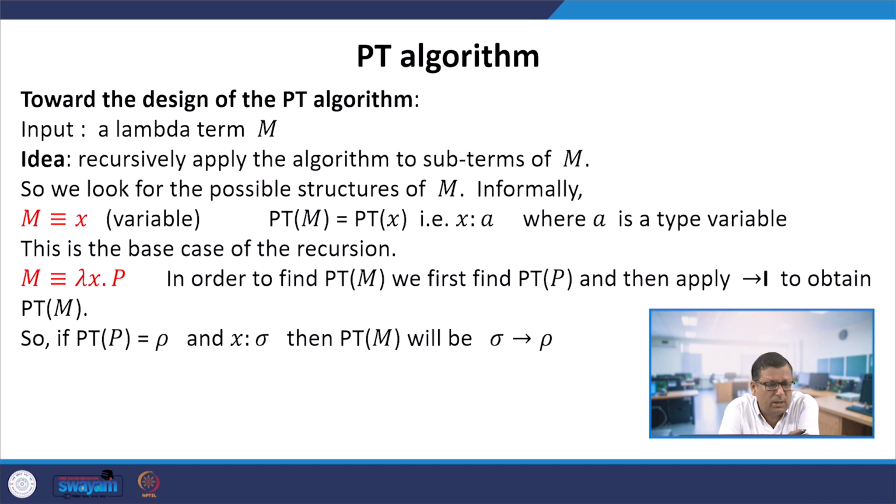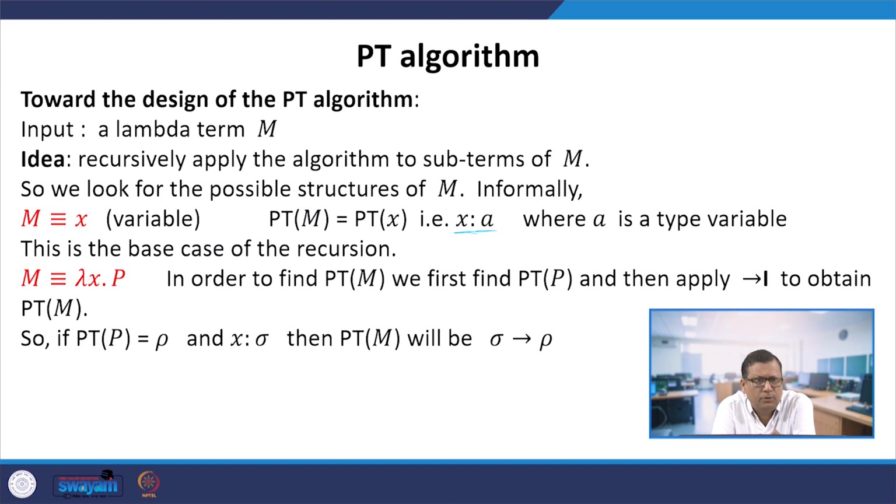We see which structure matches. First, if M is of the form variable x, then the principal type of M is the principal type of x, and we can assign a to x, where a is a type variable. So, x with type a will be the principal type of M.